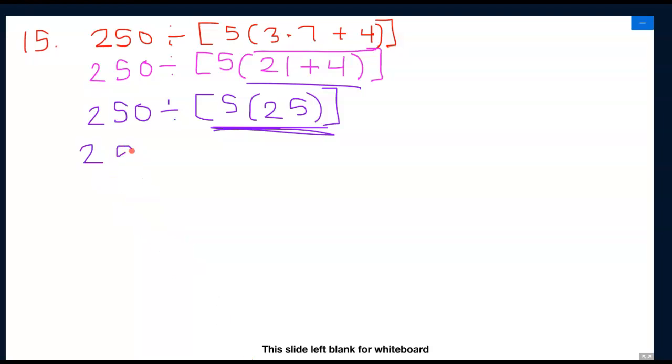We have to do the multiplication first. So 5 times 25 is 125. 250 divided by 125 is 2. Good? Better? Okay.